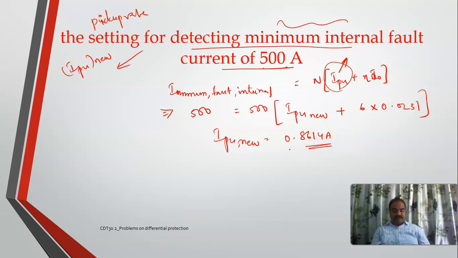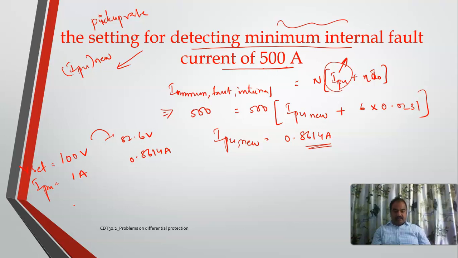This is my new pickup value. Okay. See, my old values of 100 volts and 1 ampere were the V set and pickup value of current. Now they have been adjusted to 82.6 volts and 0.8614 amperes, such that my relay thermal rating is being met, and also my minimum internal fault current to be detected is 500 amperes.